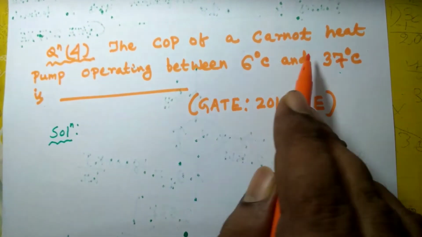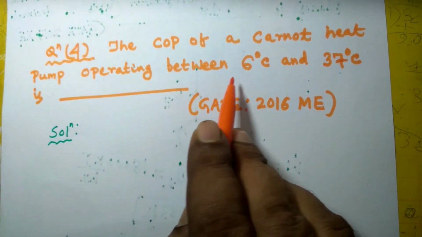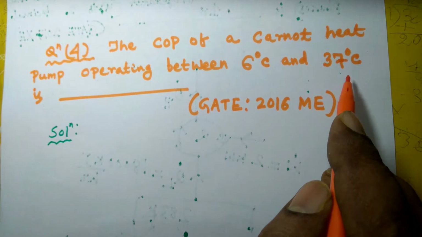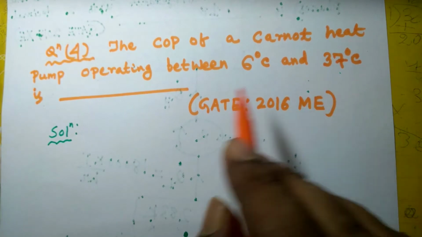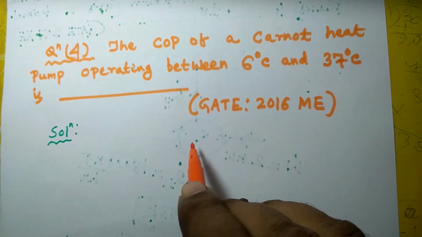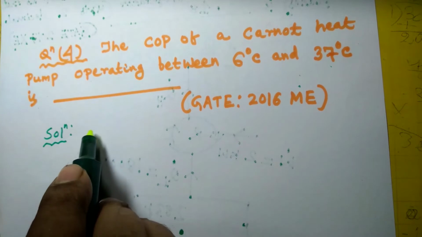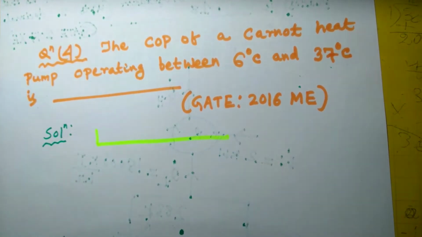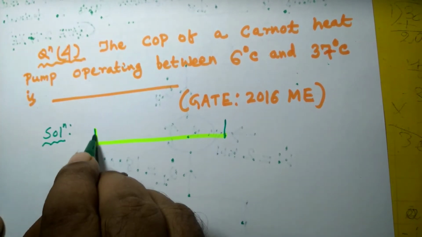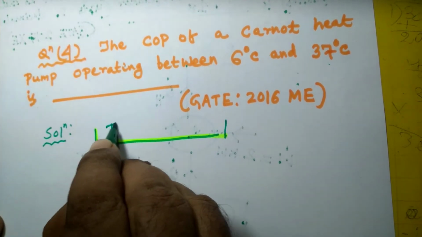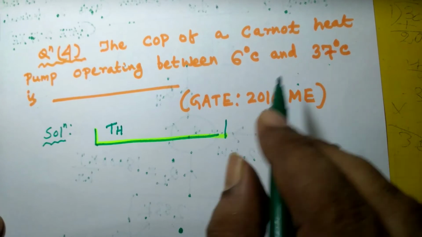is: the COP of a Carnot heat pump operating between 6 degrees Celsius and 37 degrees Celsius is how much? This question is a very easy one. The higher temperature TH is here 37 degrees Celsius.